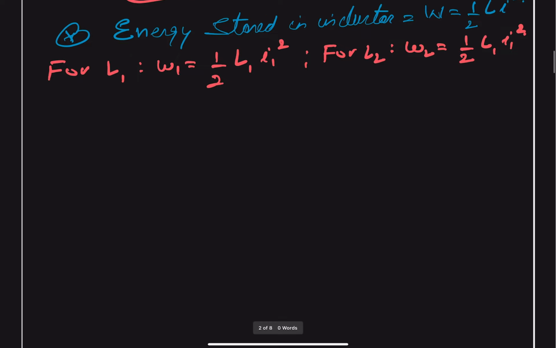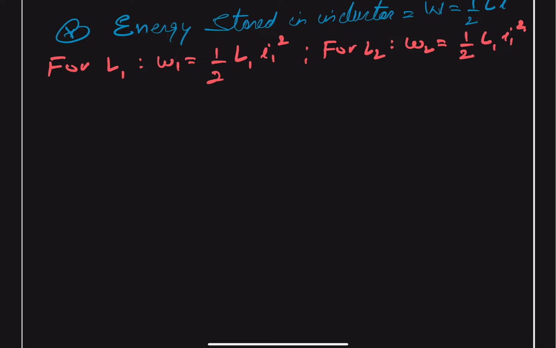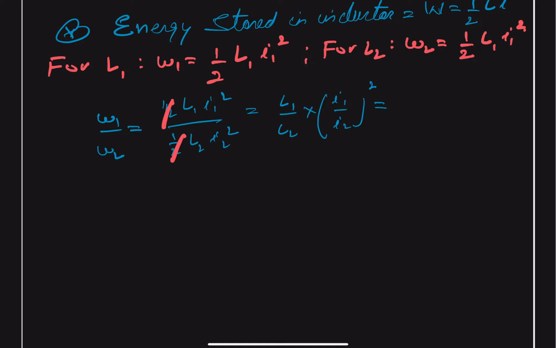Now we can simply find out the ratio. W1 upon W2, we get half L1 I1 square upon half L2 I2 square. Half and half cancel out, so we get L1 upon L2 and I1 upon I2 whole square.